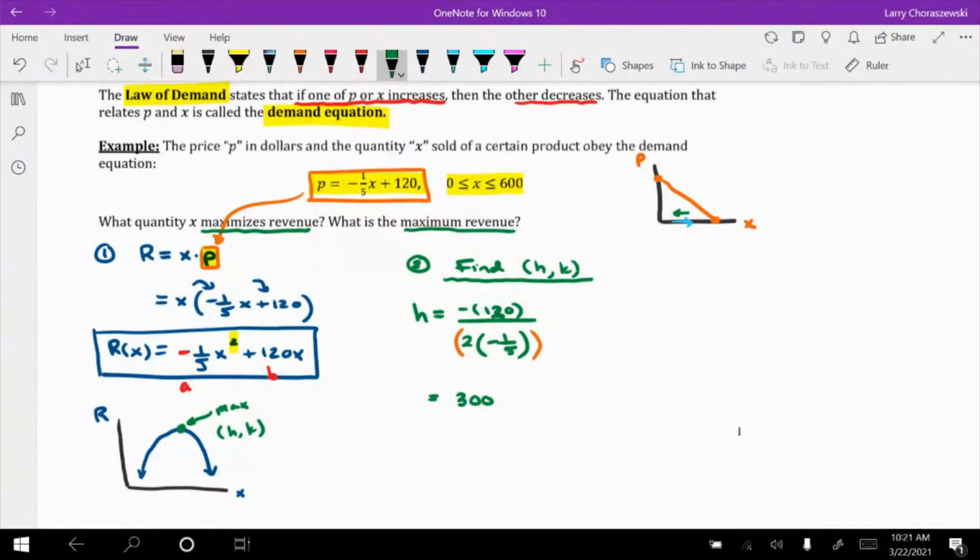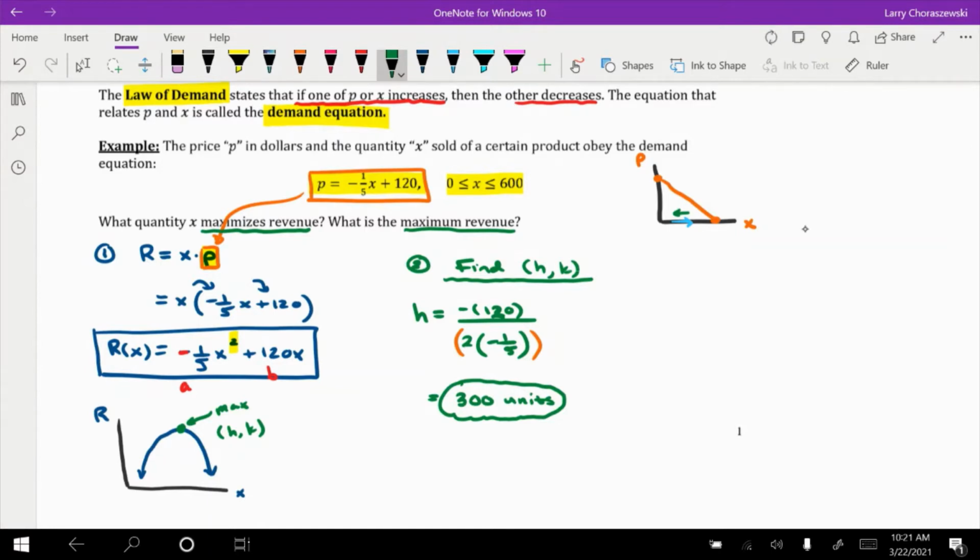Cool. Now, this represents the number of units that have to be sold, and we don't really know what they're selling. But I will include this along with it, just so that we don't confuse this with a dollar amount. So 300 units would maximize the revenue.